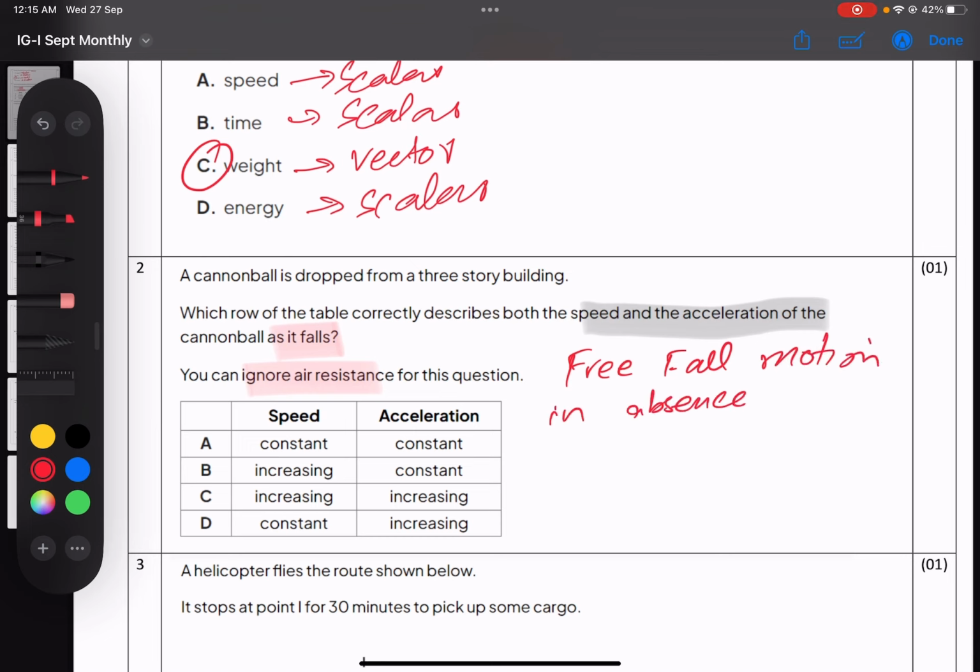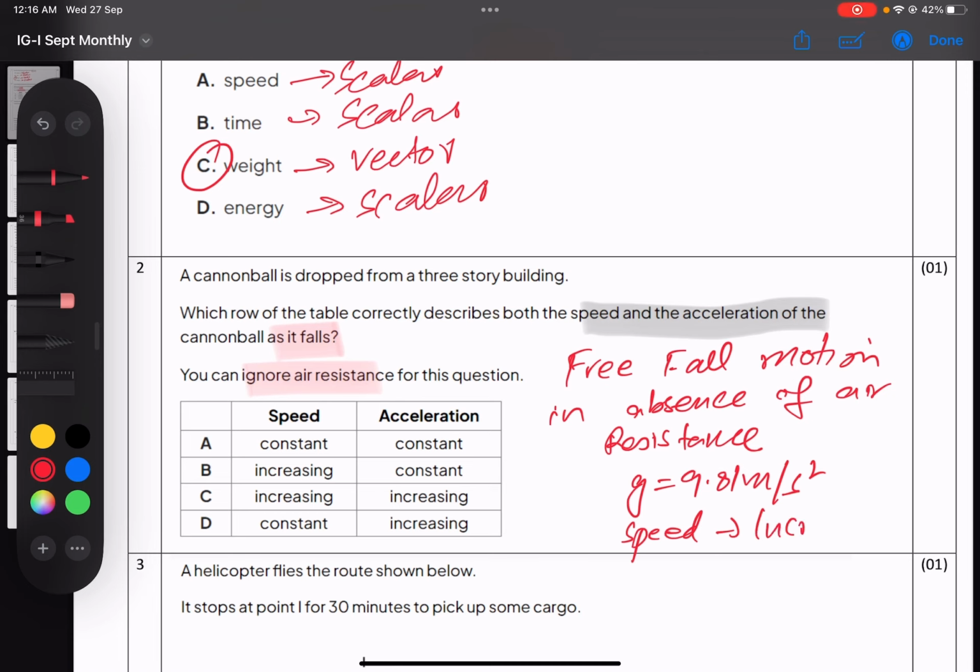So acceleration will be constant, that is 9.81 meter per second square, and speed will increase. So it's option B.